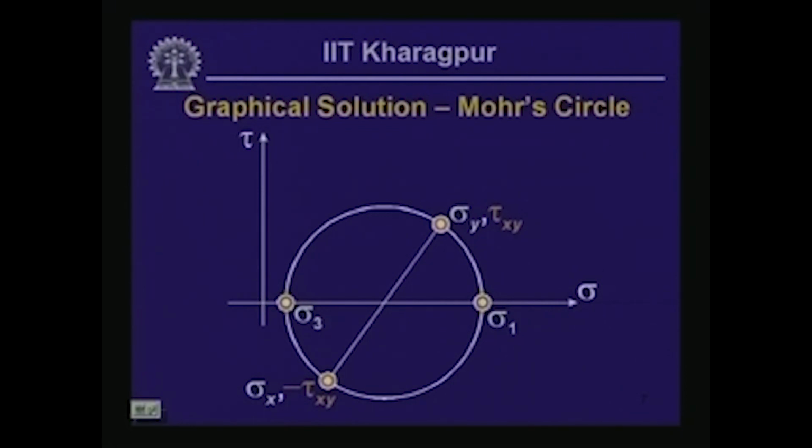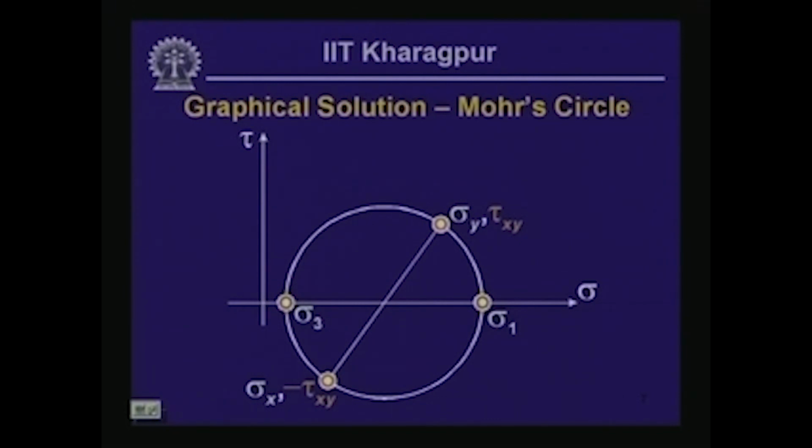Generally, the major principal stress is denoted using symbol sigma 1, and the minor principal stress is denoted using symbol sigma 3, and you may wonder what happened to sigma 2. That is really when you have got a 3-dimensional problem, you have got one more principal stress, and that is called the intermediate principal stress, and for that we reserve the symbol sigma 2.